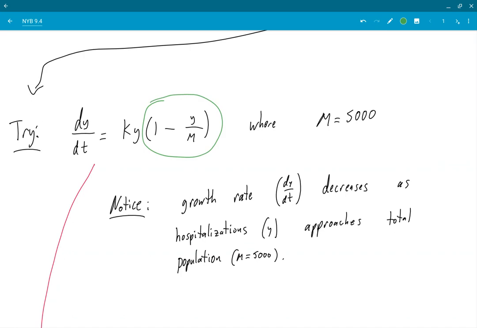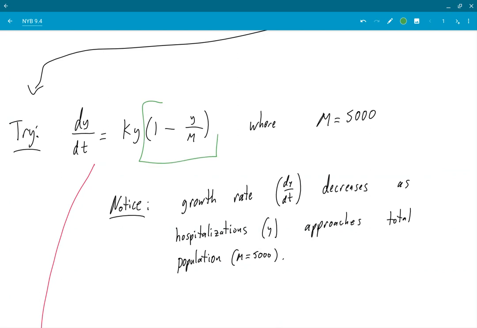So this bracket here is going to be close to 0. And what that means is that my growth rate is shrinking. My growth rate is smaller than it would be if y were, say, just 100 or something.